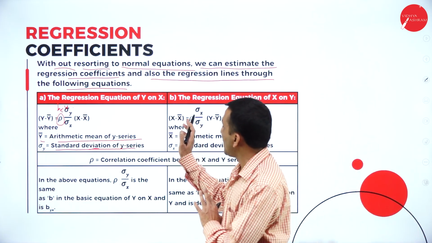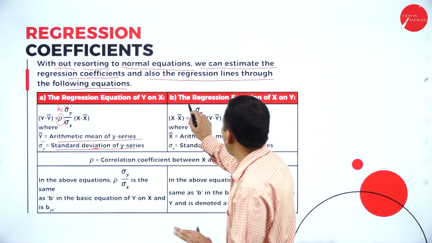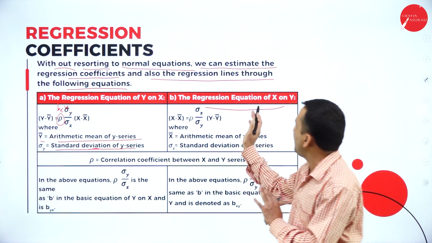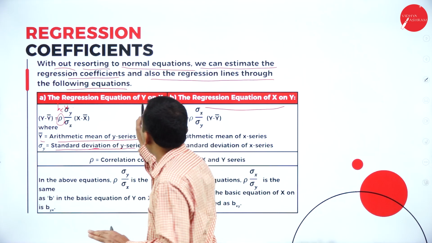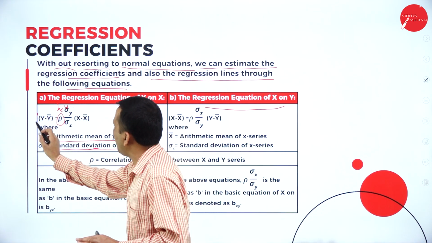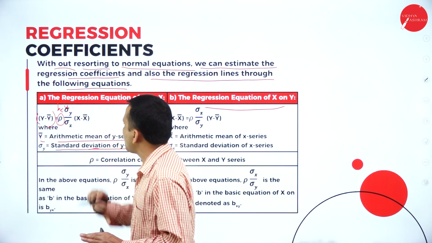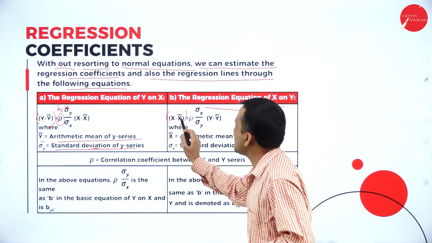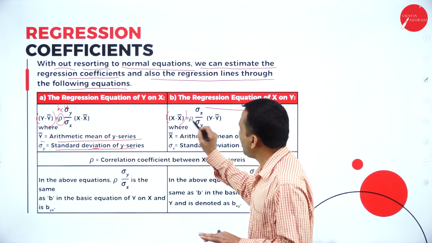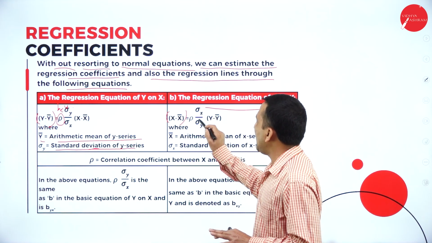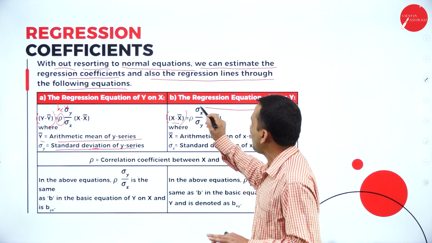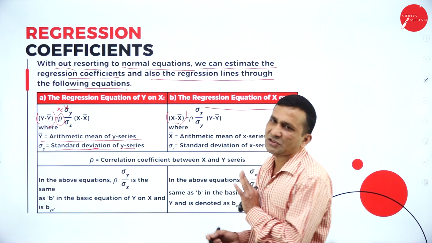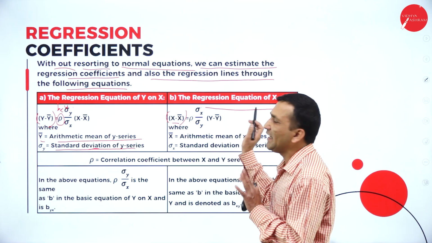The same thing is applicable for the regression equation of x on y. First we are writing x. Here, for y on x, I have specified y minus y bar. Here, for x on y, first I have specified x minus x bar into the coefficient value, standard deviation of x in the numerator and standard deviation of y in the denominator, into y minus y bar.